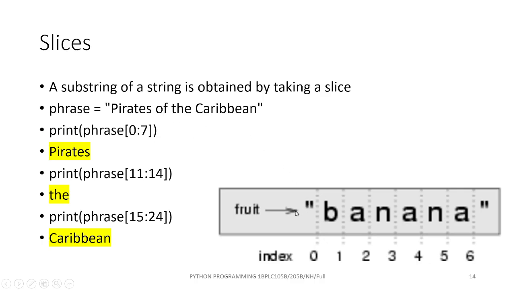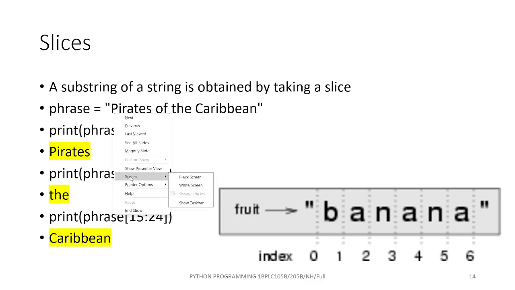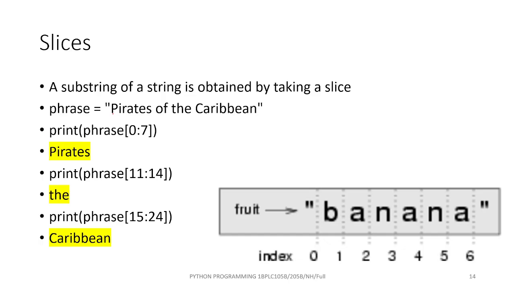Pirates of the Caribbean. I'm going to slice, extracting characters from 0 to 7. So what are the characters that will come here? 0 to 7: 0, 1, 2, 3, 4, 5, 6, 7. So the answer will be pirates.